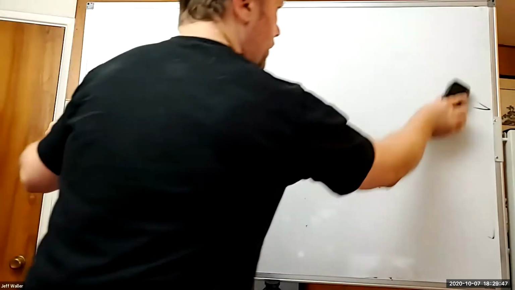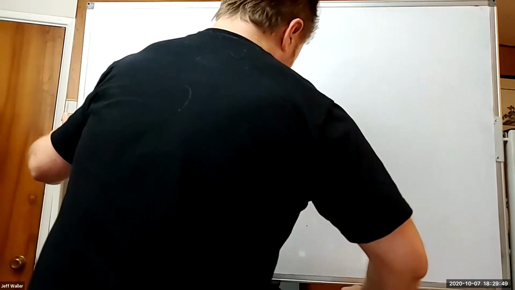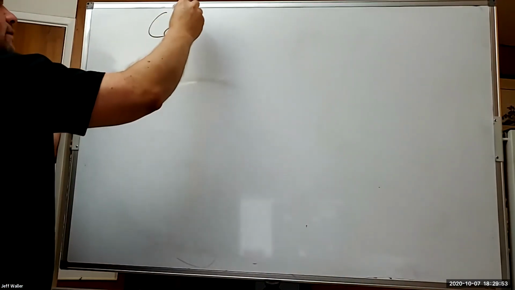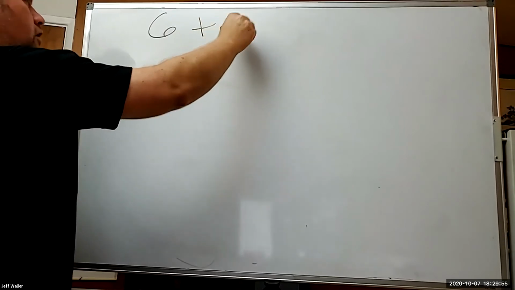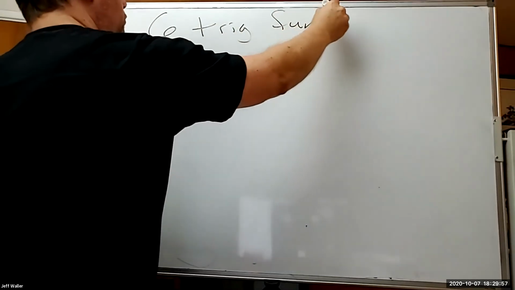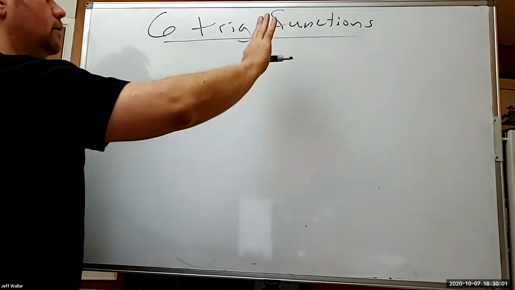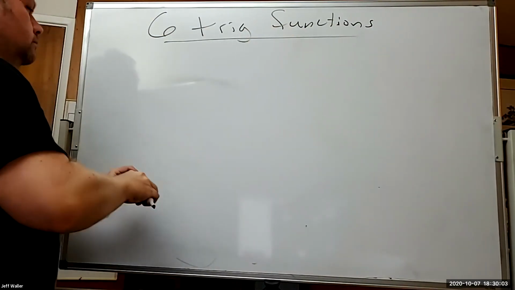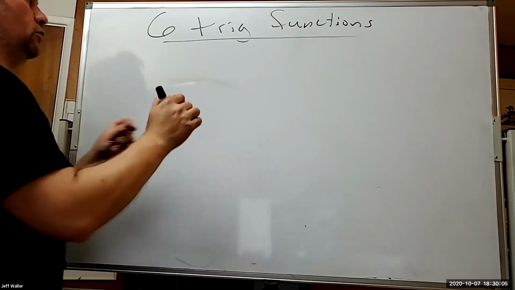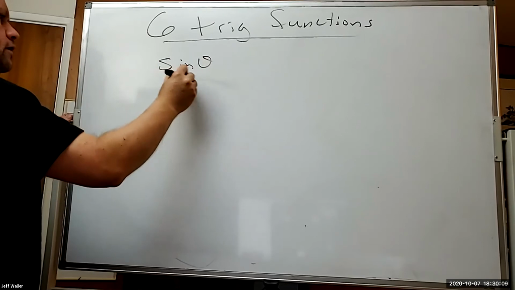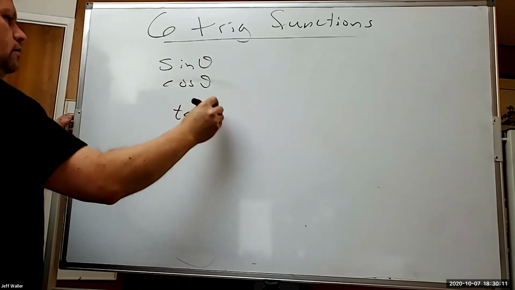I think the last thing I want to talk about maybe is there's a total of 6 trig functions, and we've talked about 3. There's actually other functions that are related to trig functions, but there are 6 basic trig functions. So we have sine, cosine, tangent.